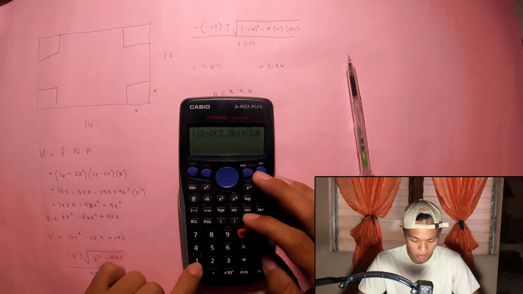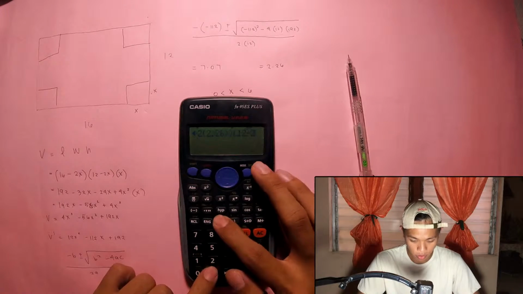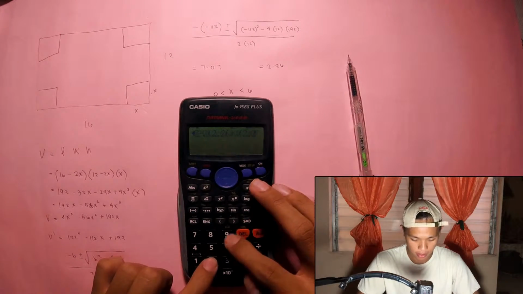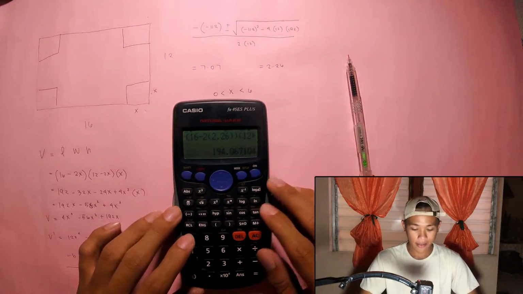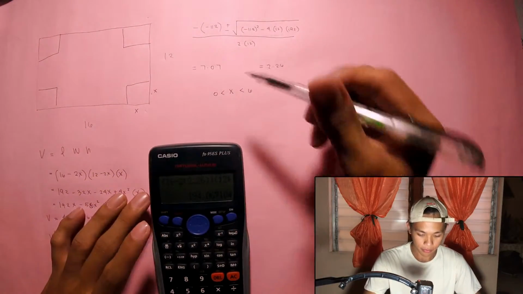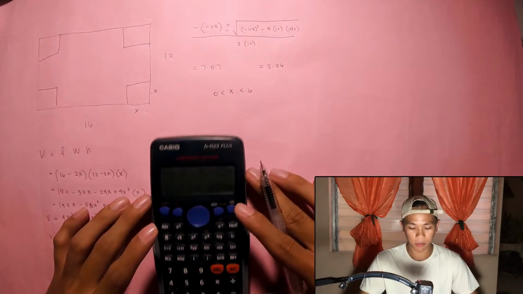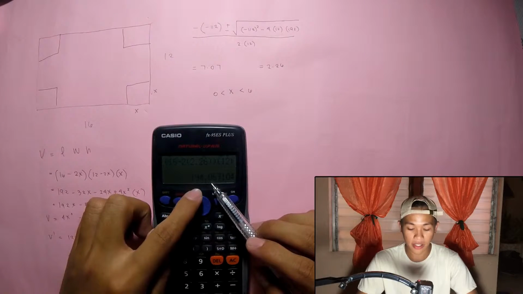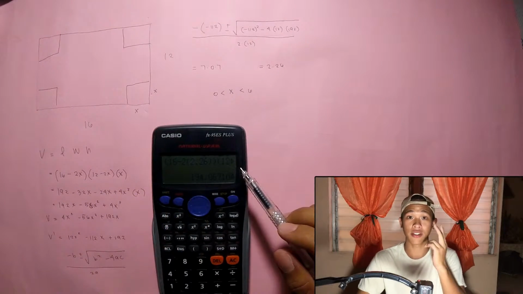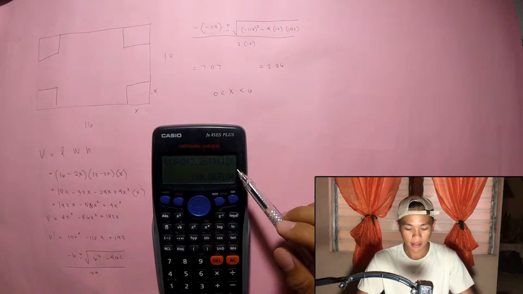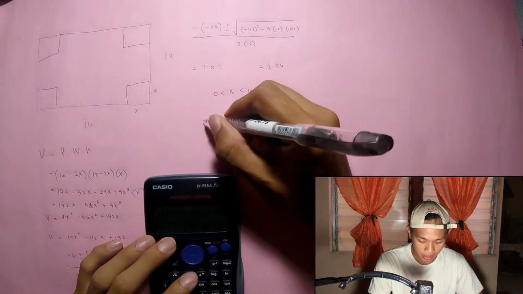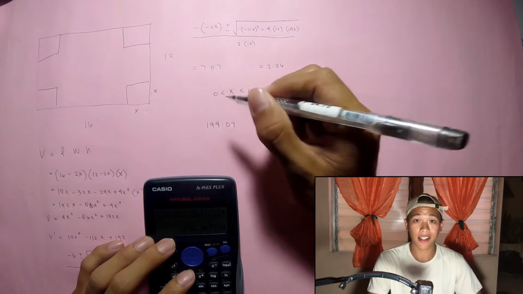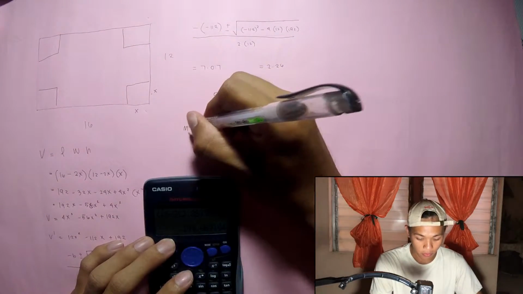Next, we have 12 minus 2 times 2.26, times 2.26. We have the answer of 194.07, since we have here 194.067 and then we round it off to two decimal places. So we have the answer of 194.07. That is our maximum volume.